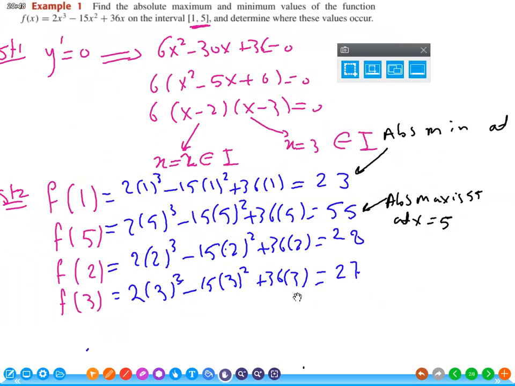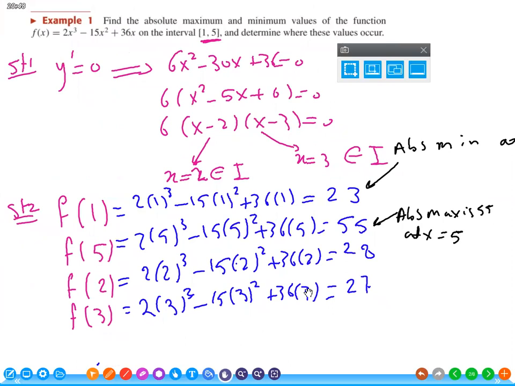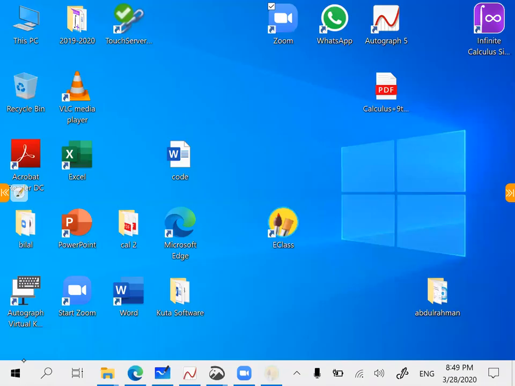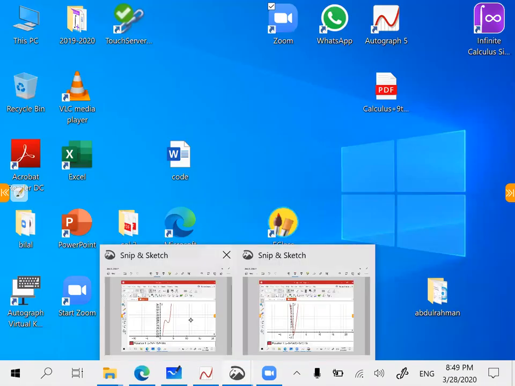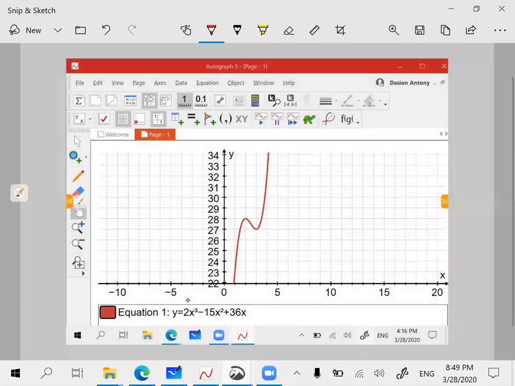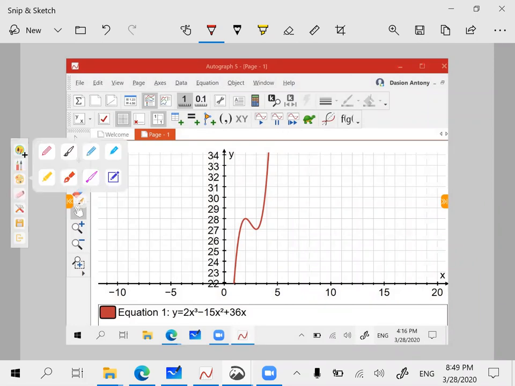And if you want, you can check it graphically from any application on your mobile. Here in our classroom, we have Autograph. By using Autograph, this is the function. I am checking from 1 to 5. Here I have 1, and here we have 5. At 1, it's 23.